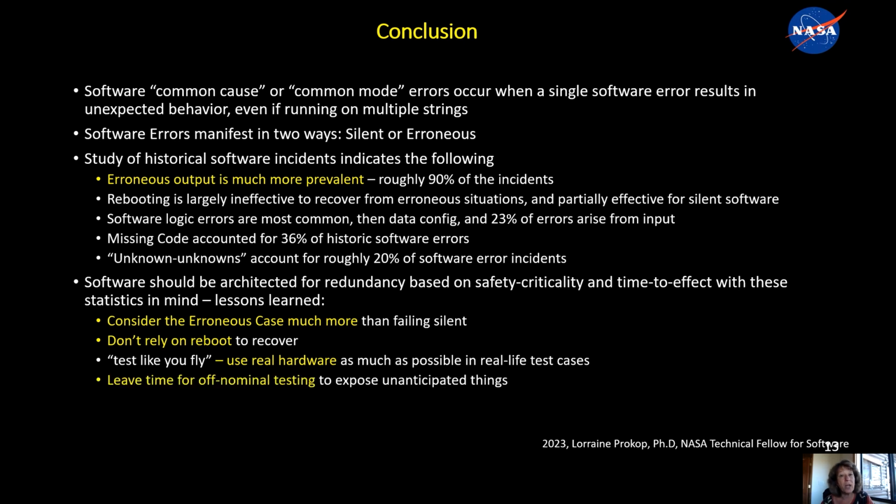And leave time for off-nominal testing, which will uncover some of these unanticipated situations. And finally, for the data config, parameters need to be validated before use and at each use. So even during operations, as parameters change, they need to be validated by folks.